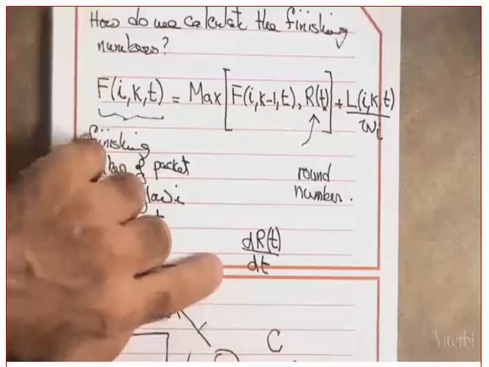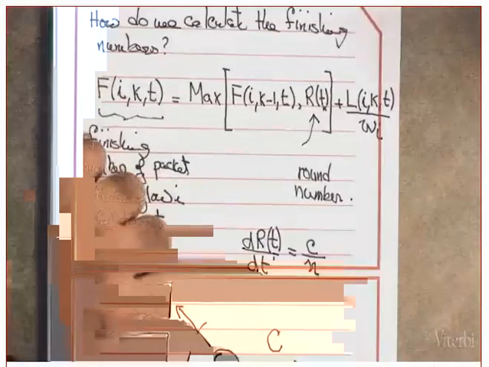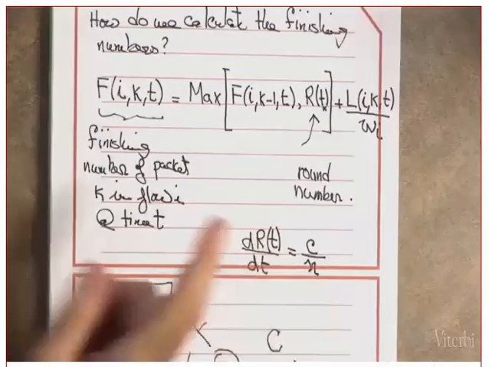Now, look at the second scenario. A packet k arrives. There was another packet ahead of it in the queue. Yes? Answer me the following question. That packet that came at time t, will he start service right away? He will not start service right away. Why? Because the server is serving the previous packet. Yes?